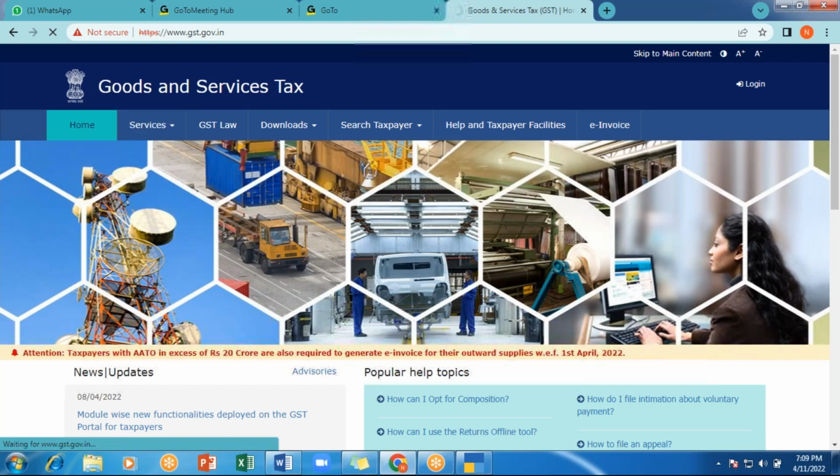There will be three steps for getting this GST TIN number. Okay, three steps. So we will see how these three steps are and how to do that. Let this page get downloaded.